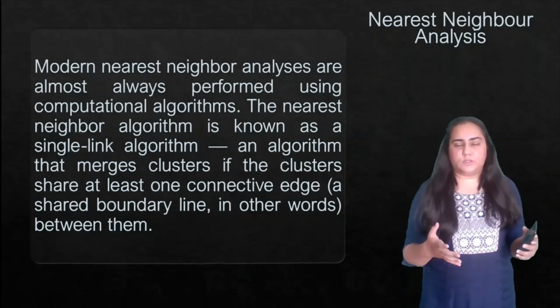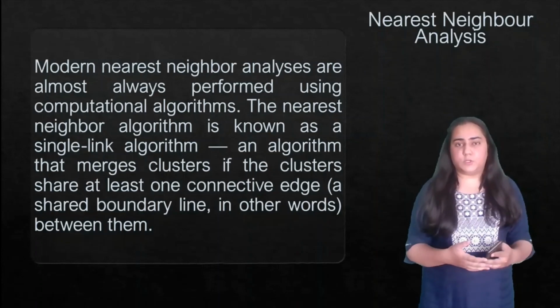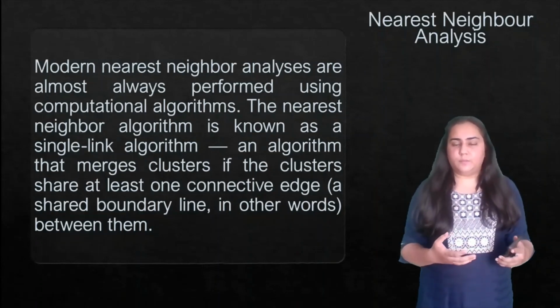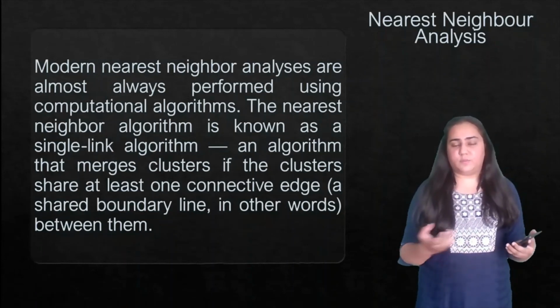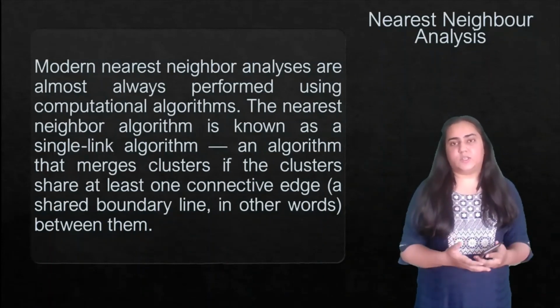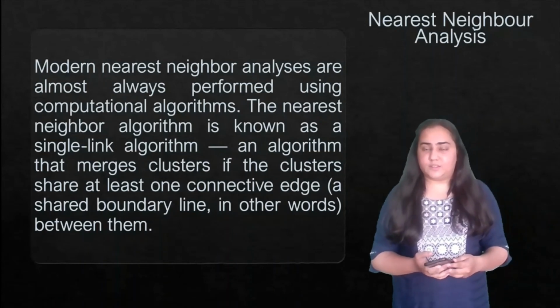Suppose there are 10 clusters and maybe 10 is too much, then you might want to merge two or three clusters together, and this is done by checking if they have some boundary in common. If there is a boundary or edge in common, then such clusters can be merged together. So that's how nearest neighbor analysis works.